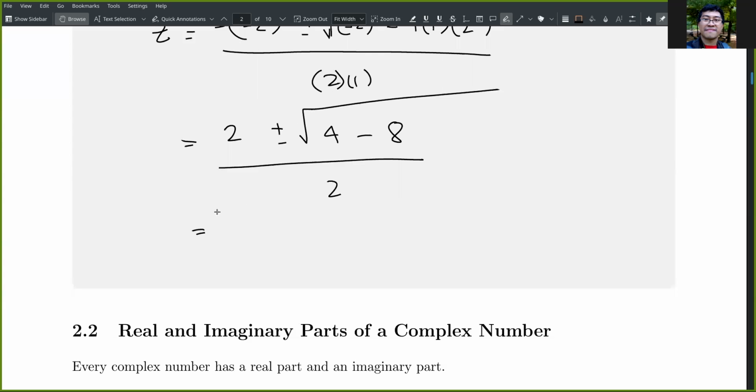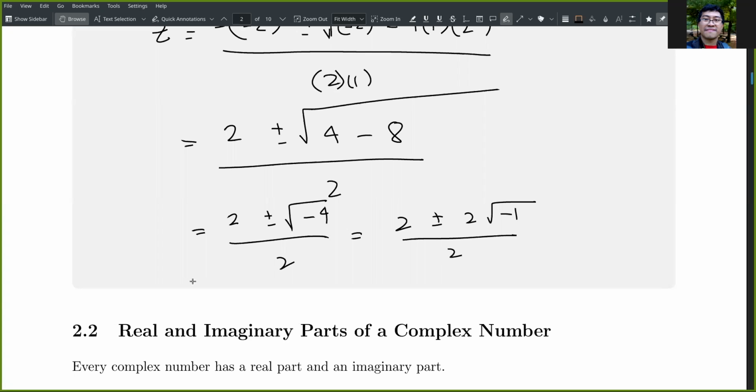So we get 2 plus and minus square root of negative 4 over 2, or 2 plus and minus 2 square root of minus 1 over 2, or simply 1 plus and minus square root of minus 1, or 1 plus and minus i. So this is the solution for z.